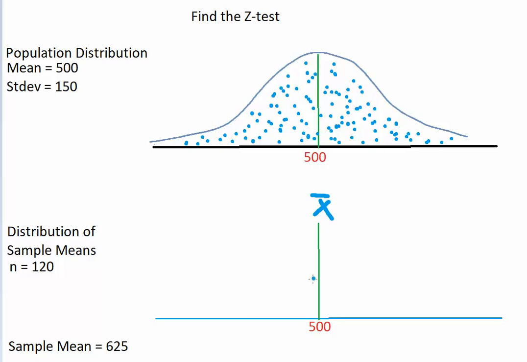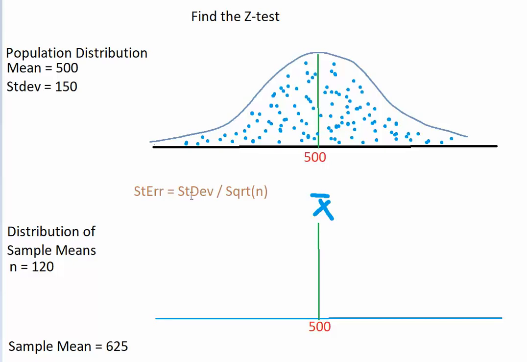Well, just how narrow is this distribution of sample means going to be? To do that, we're going to use our formula. So here's our equation to tell us just how much variability there's going to be in our distribution of sample means. We refer to it as a standard error. It's just like the standard deviation for a population, but we call it standard error when we're dealing with the distribution of sample means.